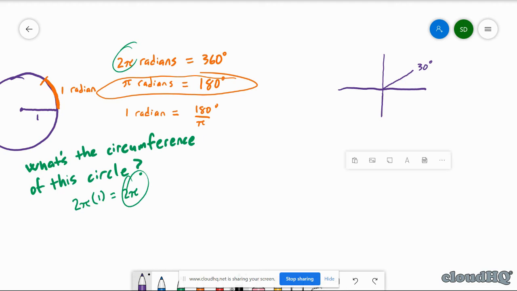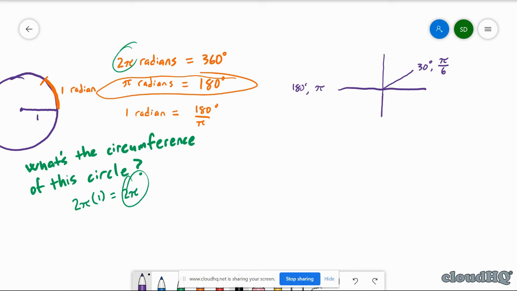But remember that 180 degrees is the same thing as pi, right? What portion of 180 is 30? Isn't it a sixth? 30 is a sixth of 180, so then isn't it also a sixth of pi? Pi over 6? 30 degrees is equivalent to pi over 6 radians.